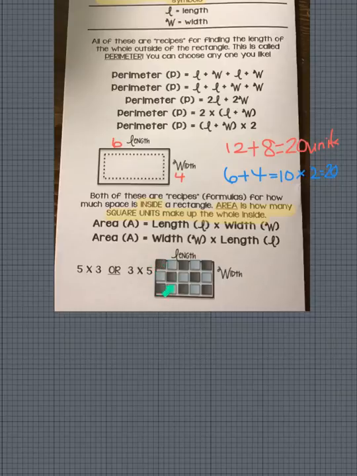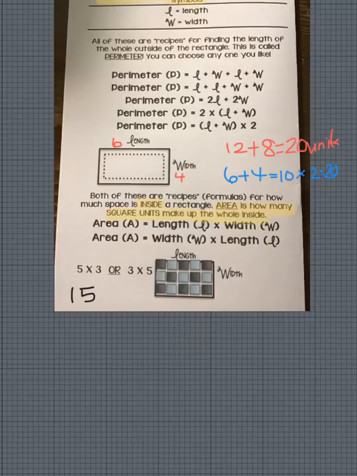I have 5 columns of 3. 1, 2, 3. 1, 2, 3. But the biggest thing to know is that when I do it, 3 times 5 is 15.